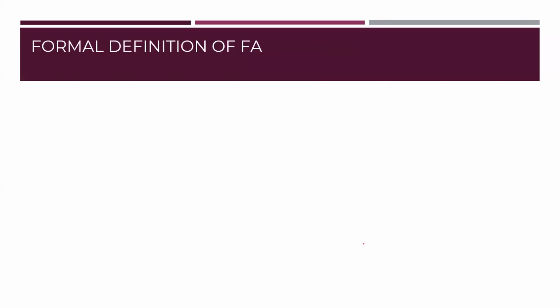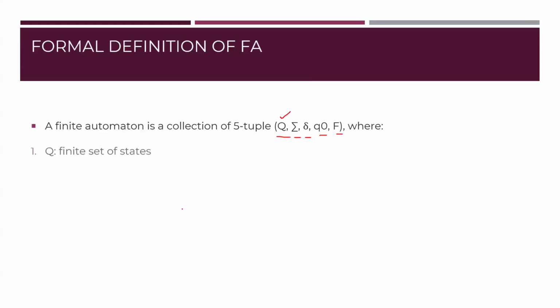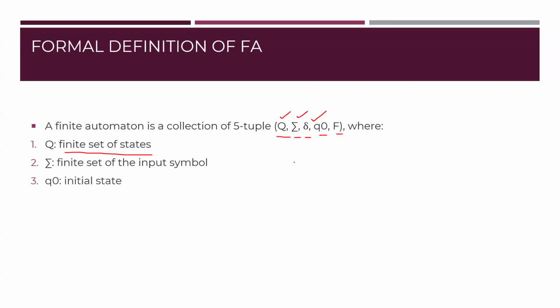Let's look at the formal definition of a finite automata. A finite automata is a collection of 5 tuples: Q, sigma, delta, Q naught, F. Now we will see what each means. Q is a finite set of states. Sigma is the alphabet, or the finite set of input symbols. Delta is the transition function.